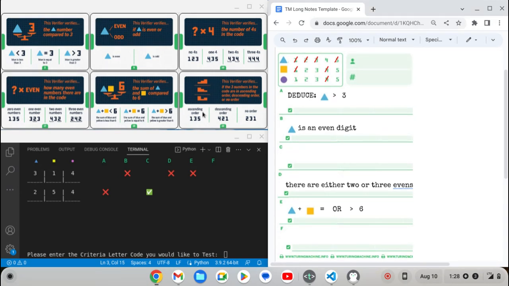I think I'm gonna test criteria card E again. Okay, so the sum is greater than 6. Since I have a 2 and a 5, that sums up to 7. So that means it's not equal to 6.